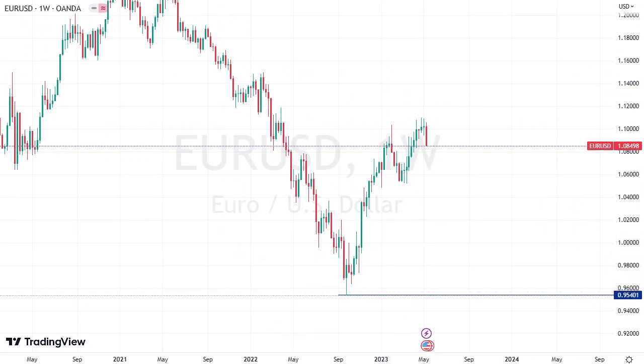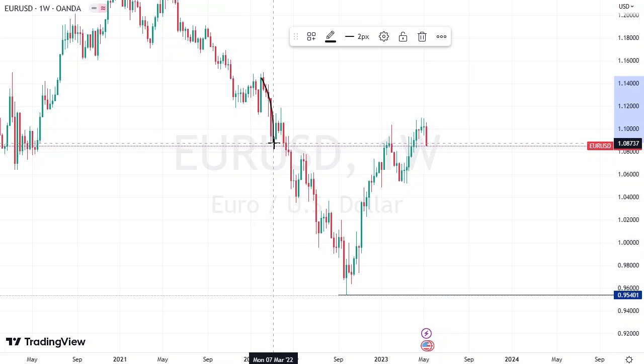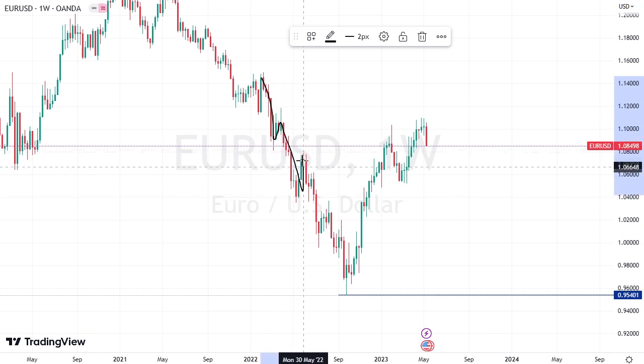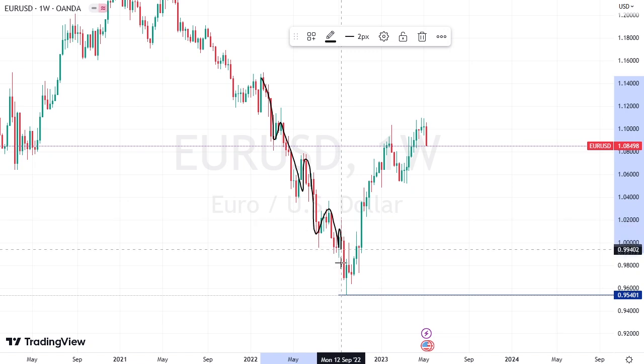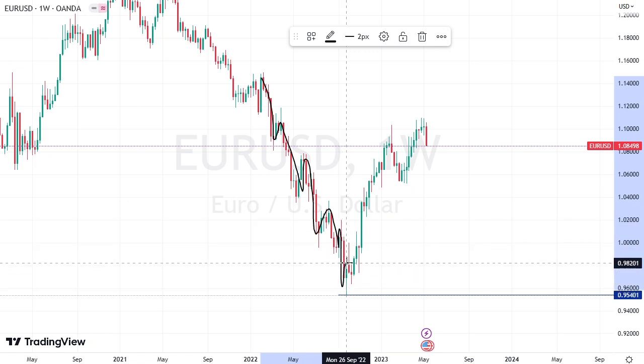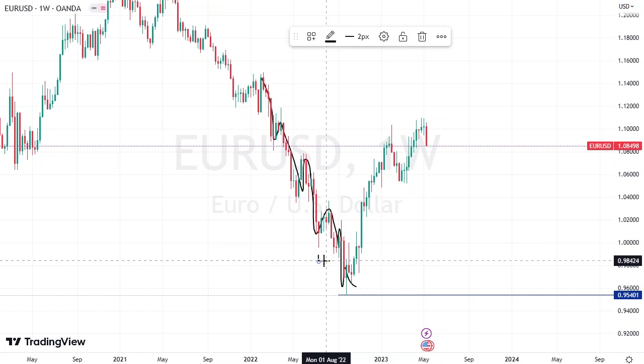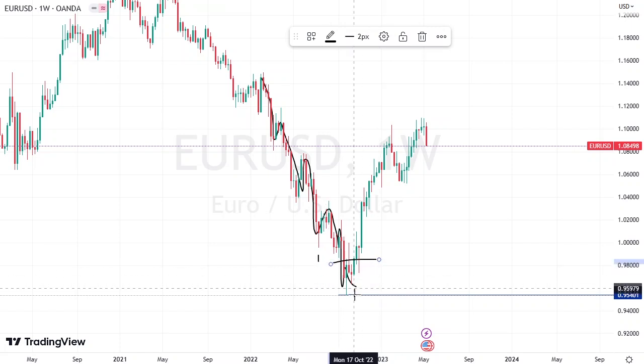Remember we had this downtrend, that's a lower low, lower high, lower low, lower high, and so on. So the minute it broke this lower high, what should we now look for?